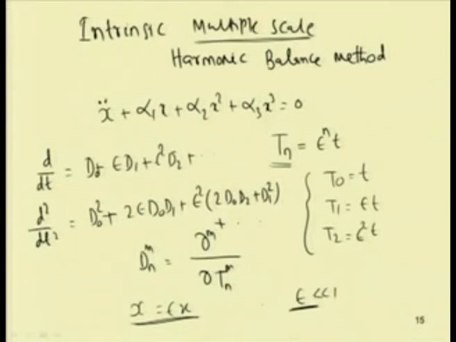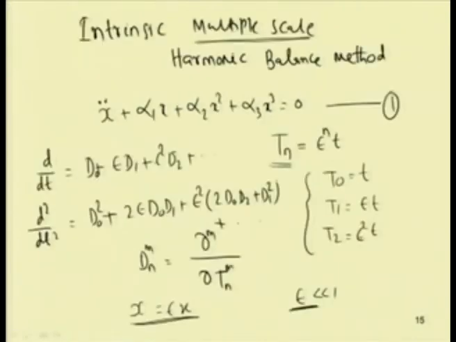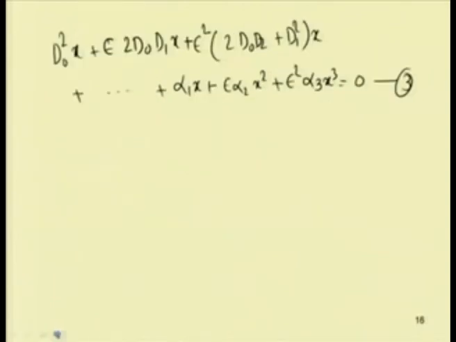So, by using this bookkeeping parameter, we can write this governing equation in this form, where we have used different time scales. So, this is equation 3.